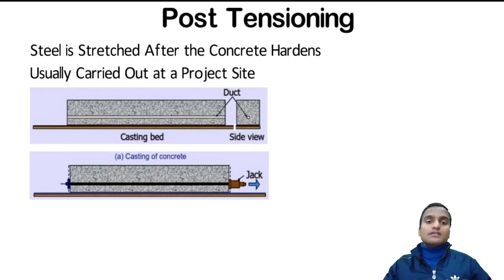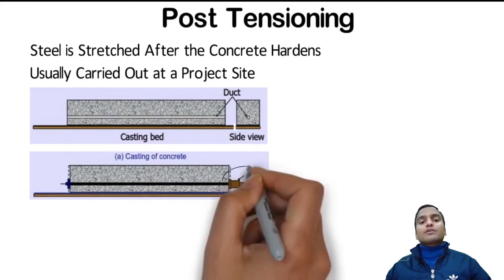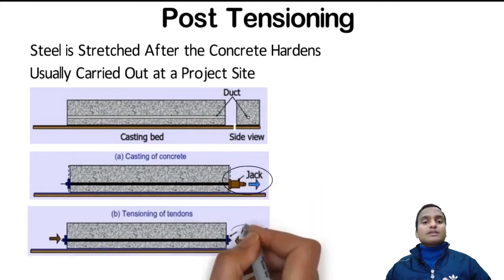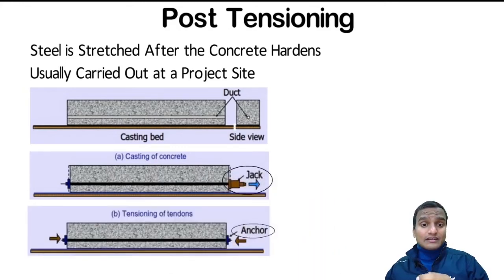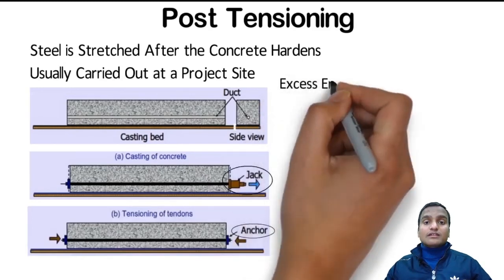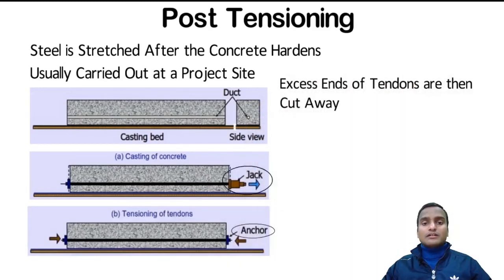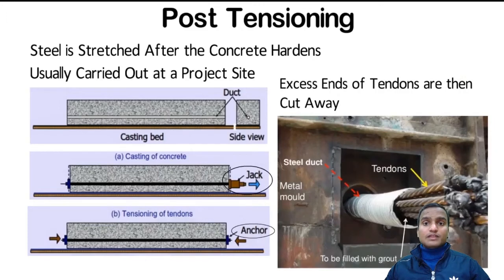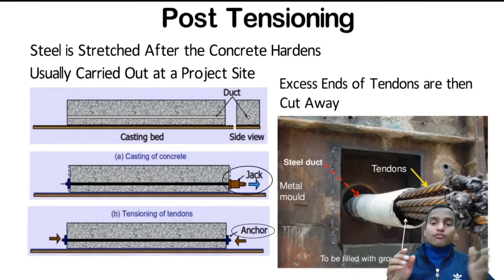First concreting is done, then after the concrete is set, we put the tendon in the duct, and then we apply the jack and the pre-stressing forces, and the excess ends of the tendon can be cut away anytime. You can see in this figure what a steel duct is. A steel duct is basically a hole passing through the entire concrete from one end to the other.